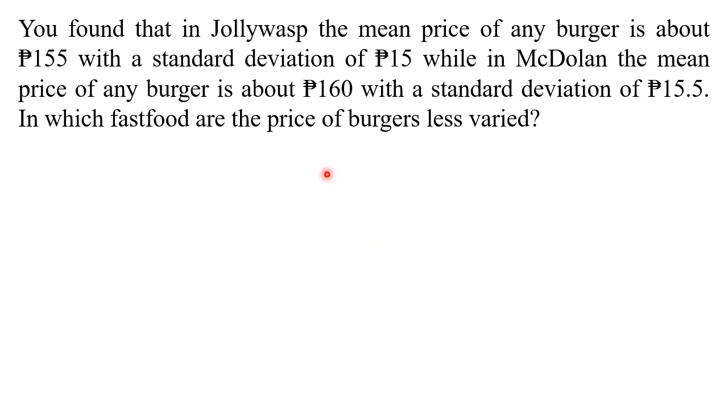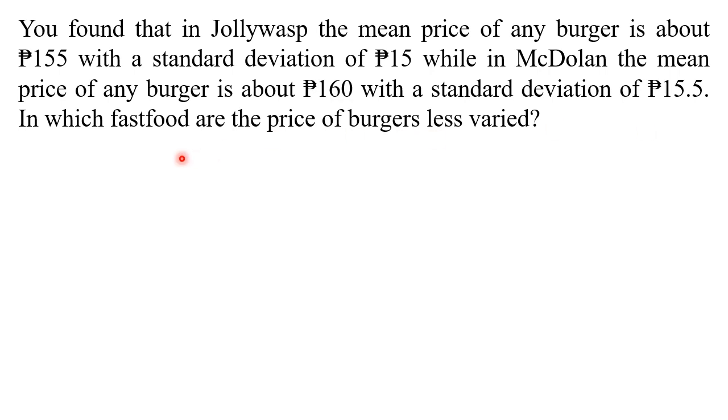So another example, class, is this one. You found out that in Jolly Wasp, the mean price of any burger is about 155 pesos with a standard deviation of 15 pesos, while in McDonald's, the mean price of any burger is about 160 pesos with a standard deviation of 15.5 pesos.